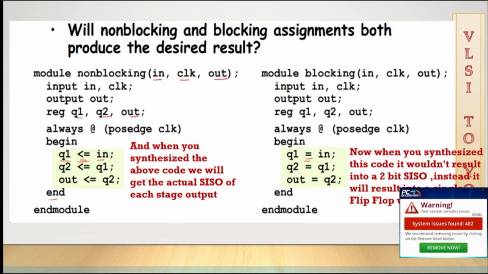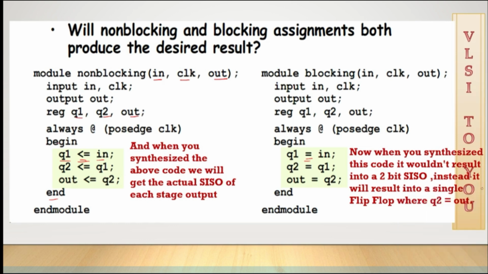Now let us see how the execution will happen and what difference you are going to see here. For example, take the value of input equal to 0, and Q1 equal to 1, Q2 equal to 1. Now in the case of the non-blocking assignment, what is happening?